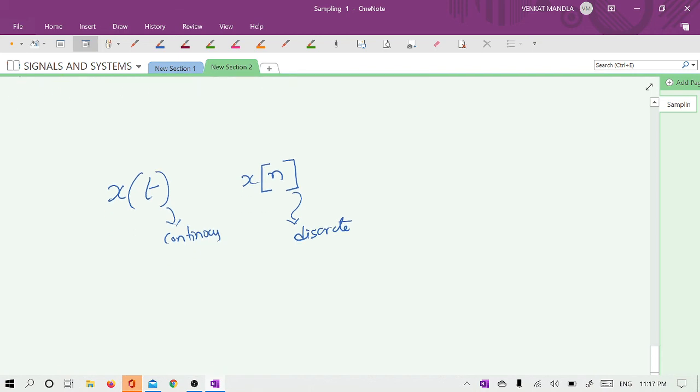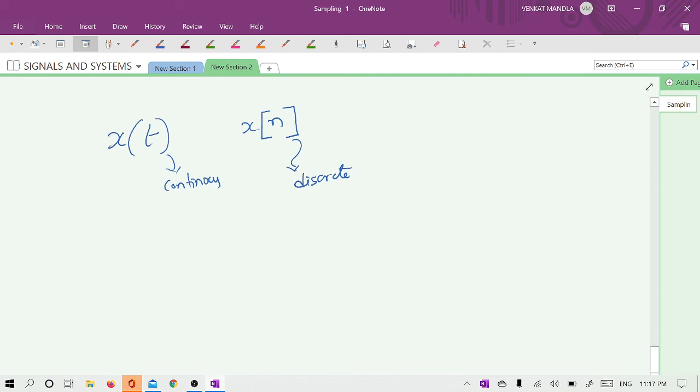This is like a book notation. If you follow Oppenheim and Schafer, you will see these kinds of notations. That's why I'm following these notations.